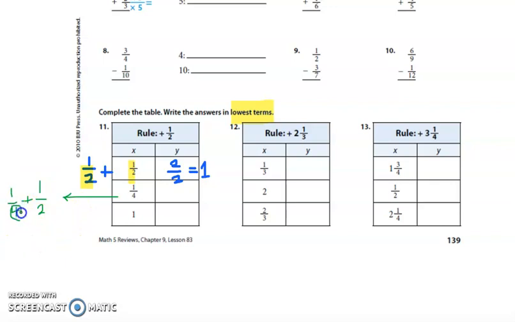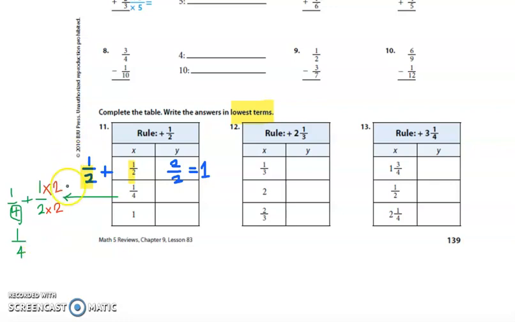So I'm going to keep this number as it is because this is already in 4. However, I'm going to change my second fraction, and to make this 4, we know that we need to multiply this number by 2. And when we multiply the denominator, we know that we need to multiply the numerator too.